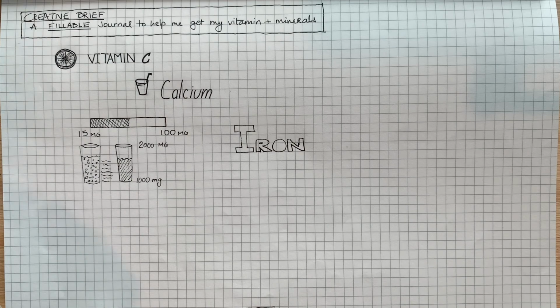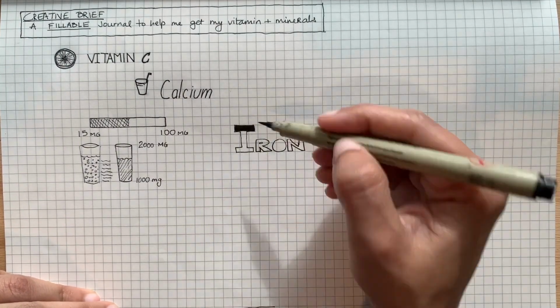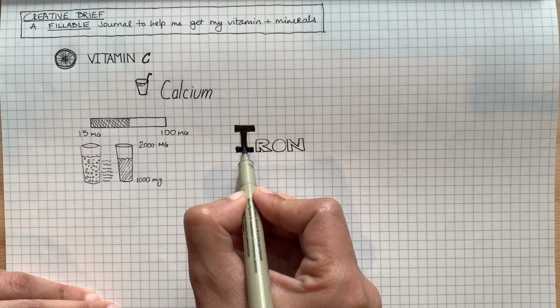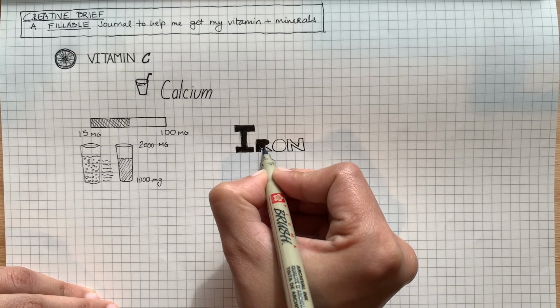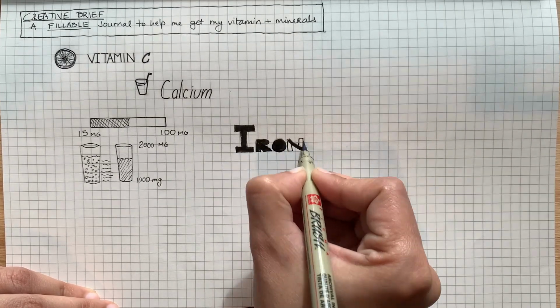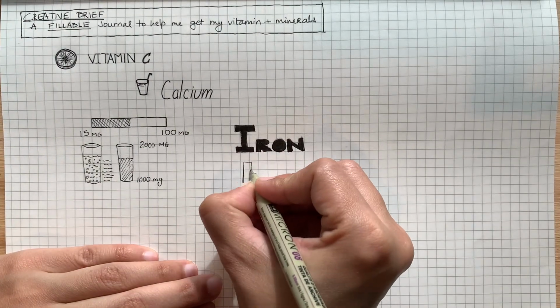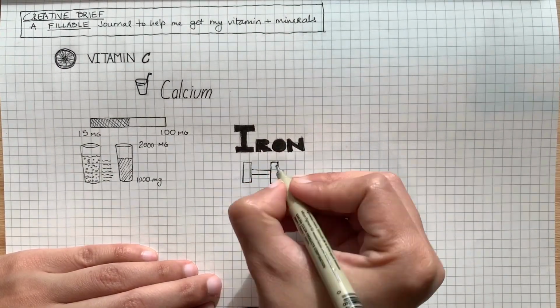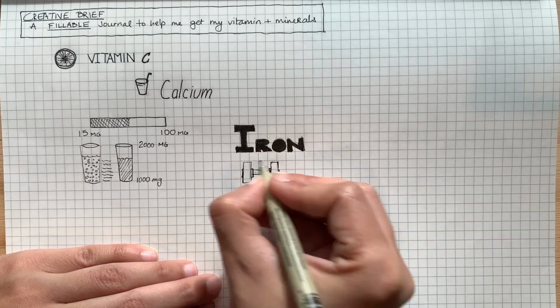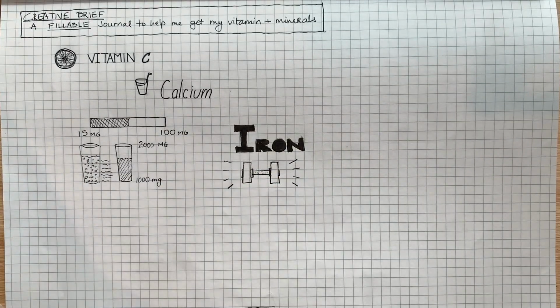Here what I'm doing is writing the word iron, and I'm trying to give it a font that kind of matches its personality. The word iron makes me think of something heavy and strong. So I'm also drawing a little dumbbell here, and what that's called is a forced connection.